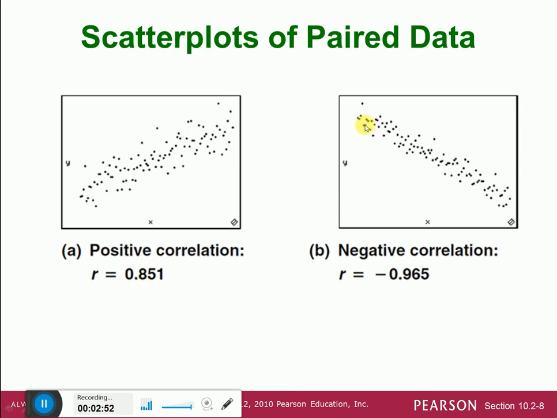Now in this case, we do have a straight line pattern, but then we are going down the hill, or decreasing from left to right, and if we have a decreasing slope, then we say that we have a negative correlation, or the coefficient should be a negative value.